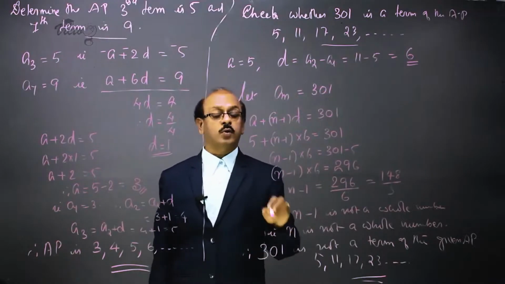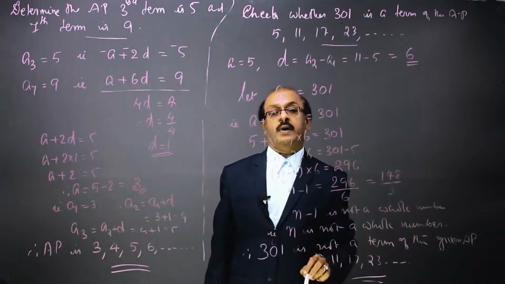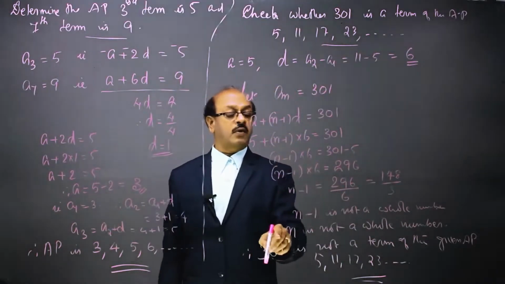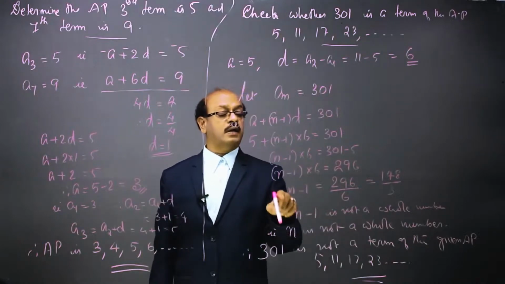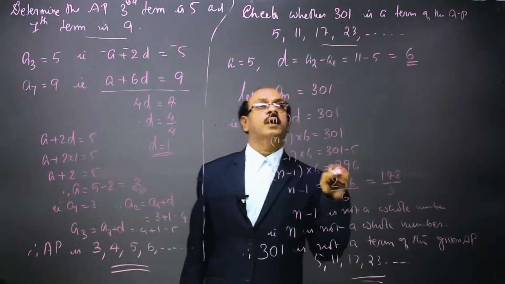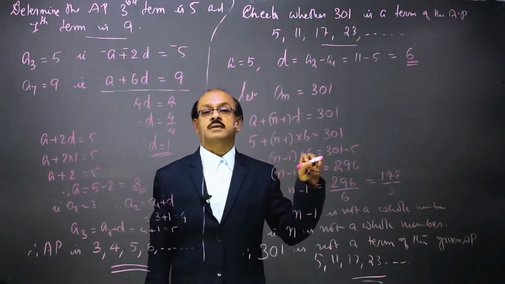That means our conclusion is 301 is not a term of the given AP. If the value of n was a whole number, we should write 301 is a term. But here n is not a whole number, therefore 301 is not a term of the given arithmetic progression 5, 11, 17, 23, etc.